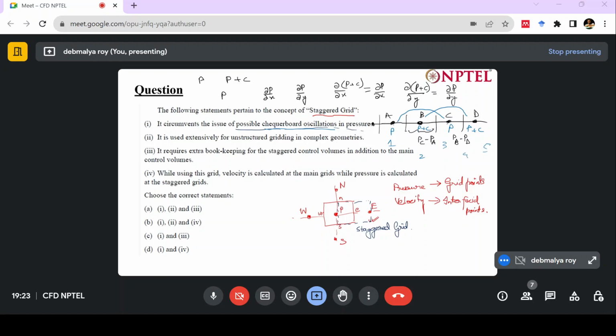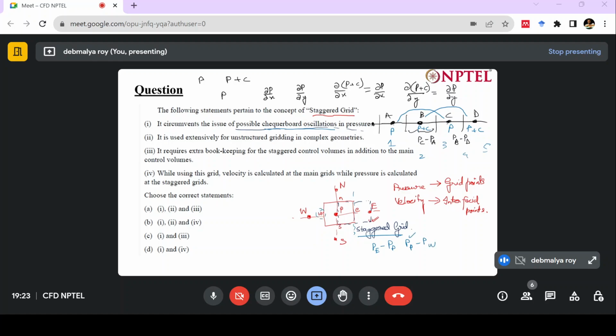What helps to reduce this? The staggered grid formulation. In this staggered grid, you see the velocity is at the interface. So when you are solving your Navier-Stokes, you are using this particular velocity at E. In your equation, PE minus PP will be important, and so will PP minus PW for the small w point.